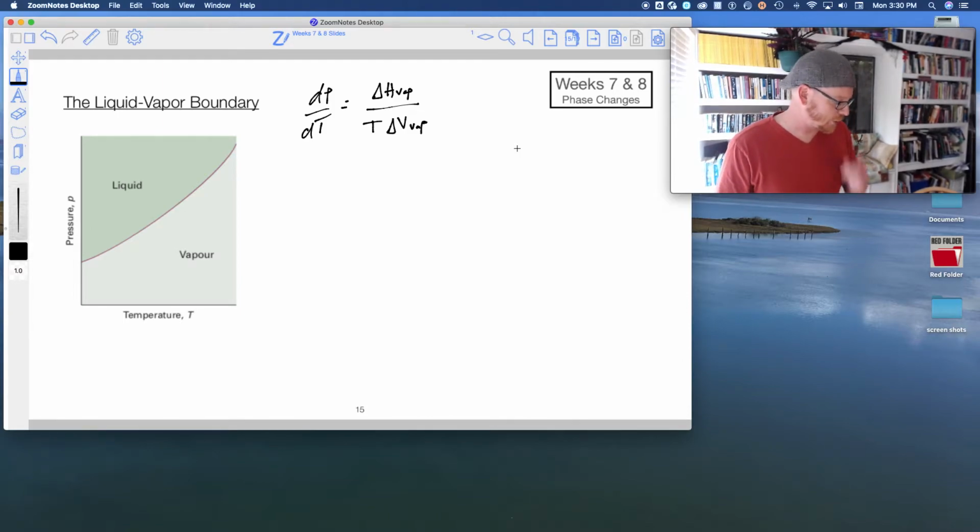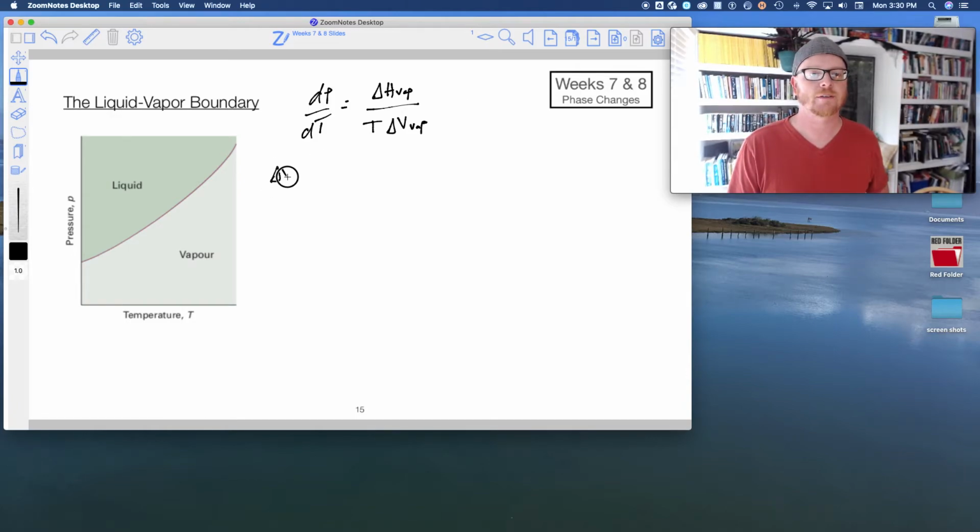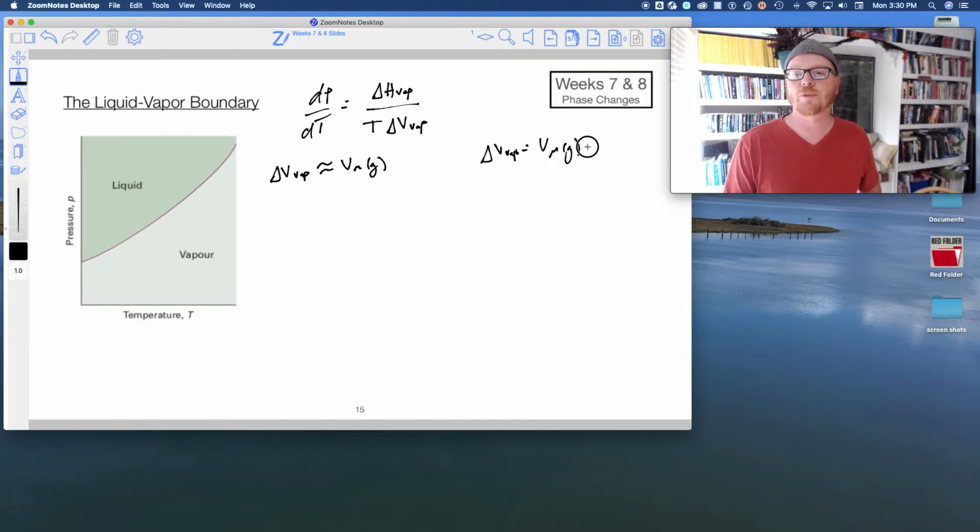And now, as it turns out, the delta V of vaporization basically equals the molar volume of our gas, okay? So I'm kind of doing this backwards, and maybe I'm having a brain fart moment here. So Vm gas minus Vm liquid, so we know that's true, okay?